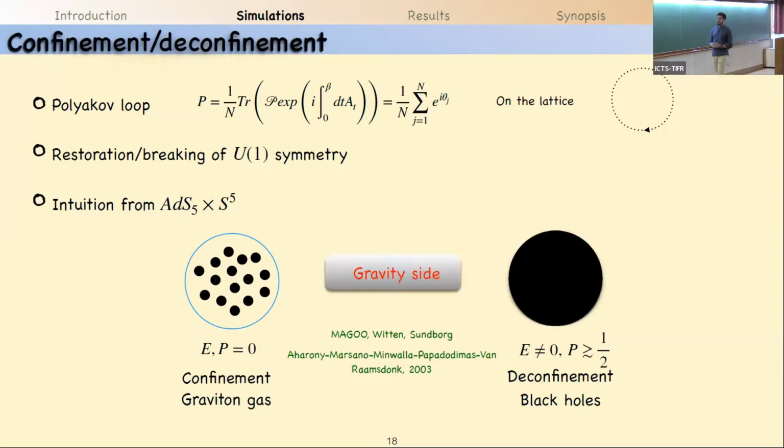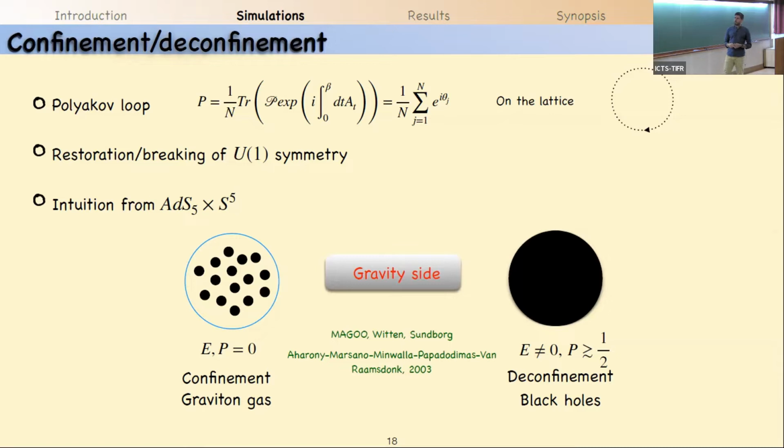One more ingredient that I'm going to need is the confinement-deconfinement transition. As was also introduced earlier in Hiromasa's talk, for example, the Polyakov line, you can write it on the lattice like this, and the restoration or breaking of the center symmetry corresponds to a signal of the transition.